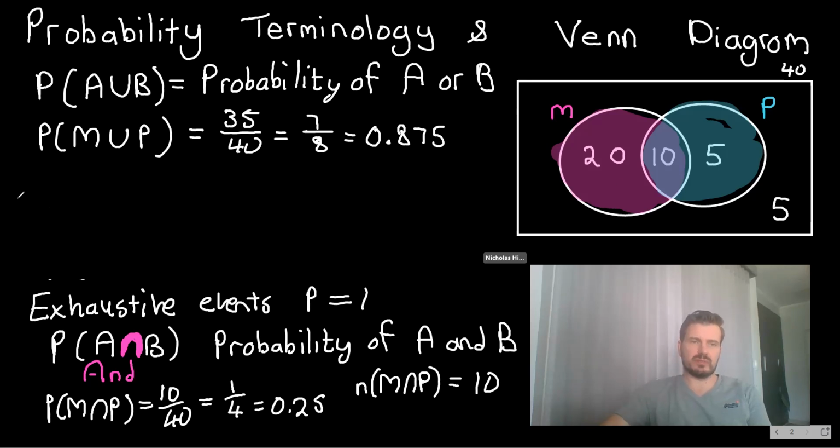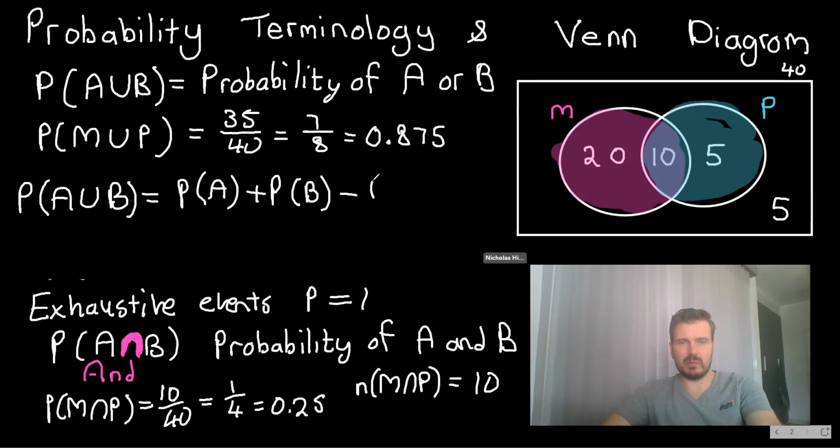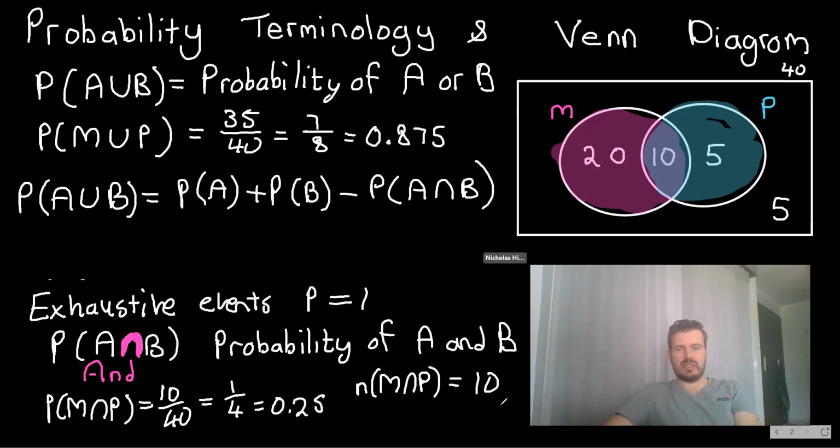And from this, they developed this formula, this rule, which is the probability of A or B is equal to, sorry, let's start with, that comes at the end. Probability of A plus probability of B minus the probability of A and B. Now, I know this off by heart because when you look at a Venn diagram, it actually makes this very easy to understand.